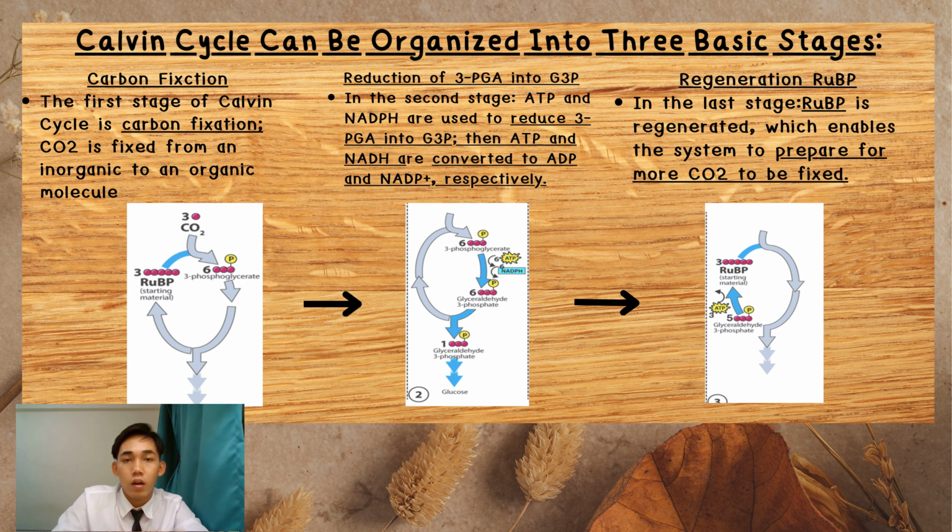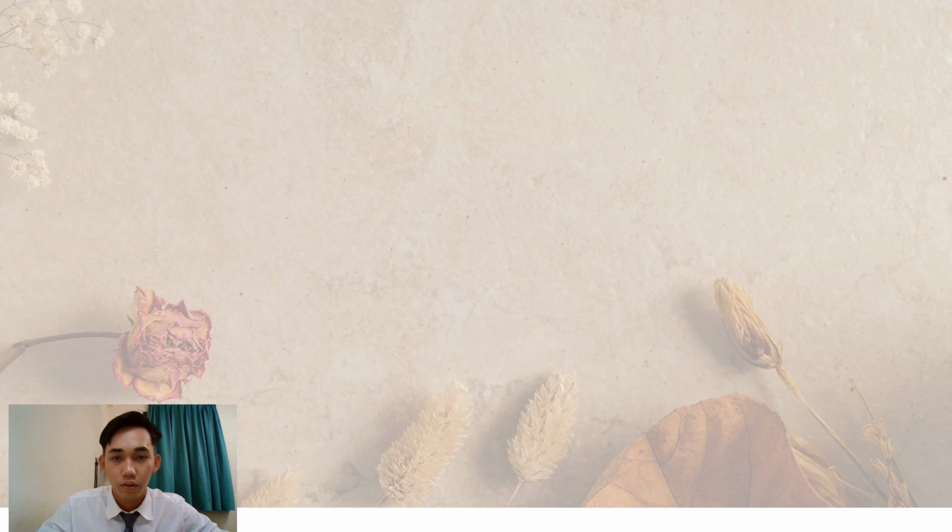ATP and NADPH are converted to ADP and NADP+ respectively. The last one is the regeneration of RuBP. RuBP is to prepare for more CO2 to be fixed.